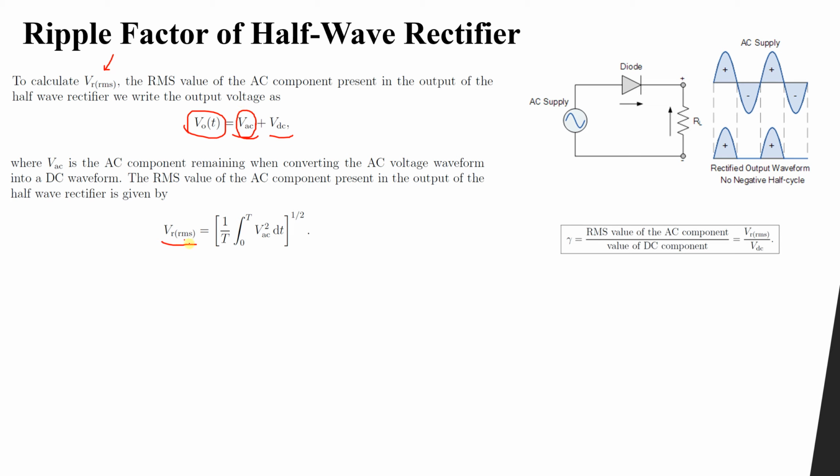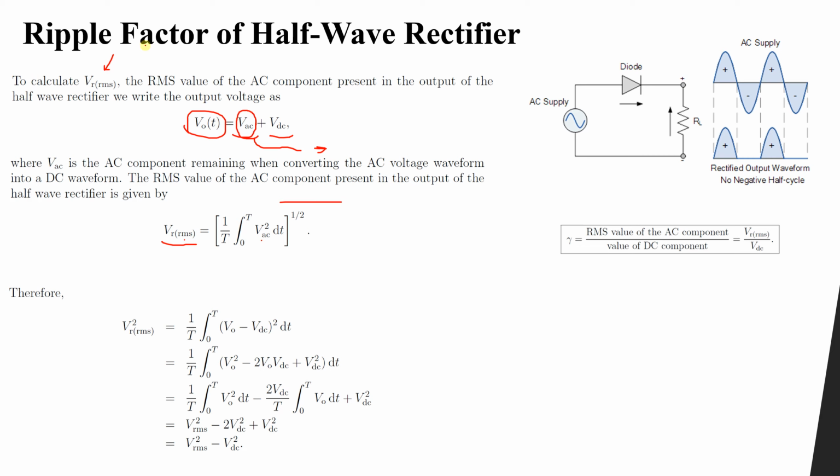It will be V_r RMS equals the square root of 1 over T, integration from 0 to T, of V_AC squared, which is the one causing pulsations. So we took only the root mean square of just the AC component. Now, how can we get this value? It's simply from this equation: V_AC equals V_out minus V_DC.